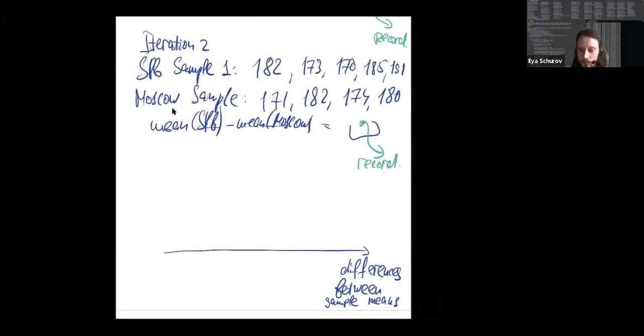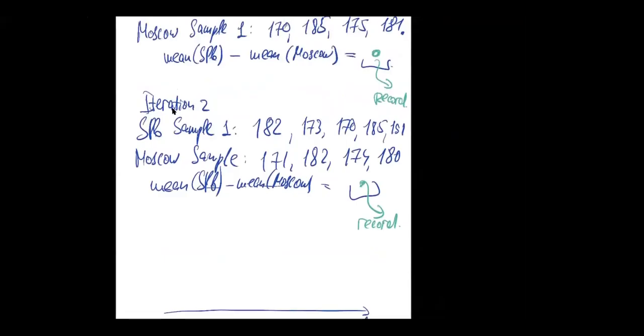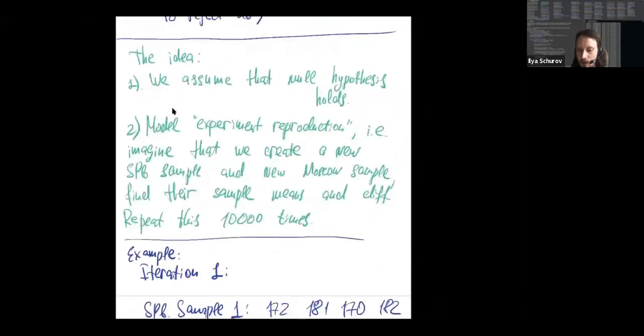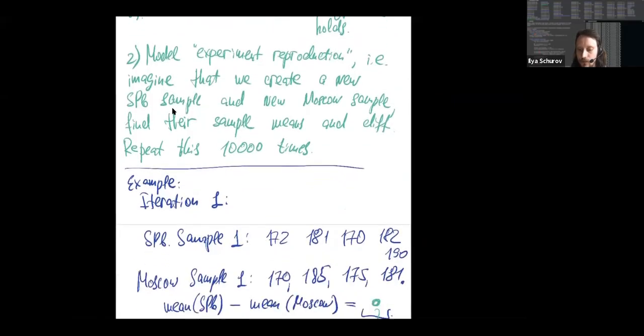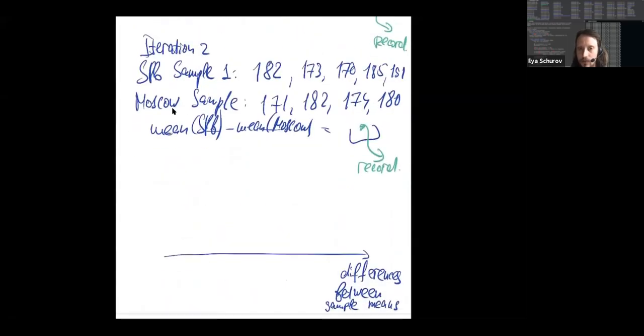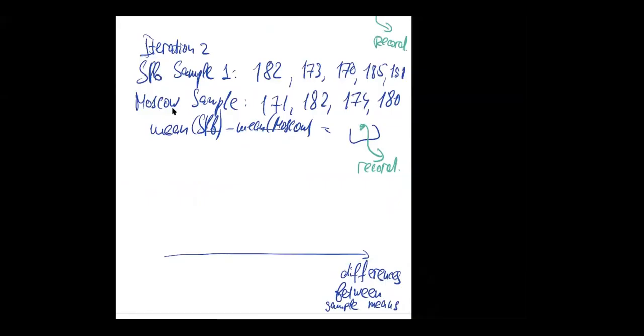Can you say something about these numbers, provided that we believe in null hypothesis? So we believe that there is no difference between Moscow and St. Petersburg in terms of the mean height. What can you say about the distribution of differences between sample means?